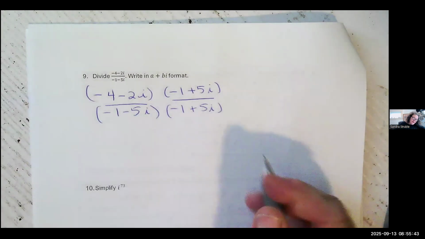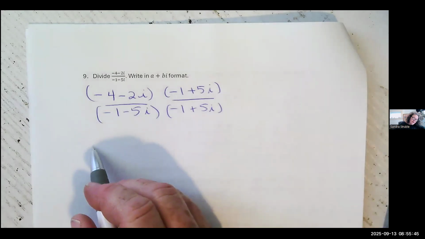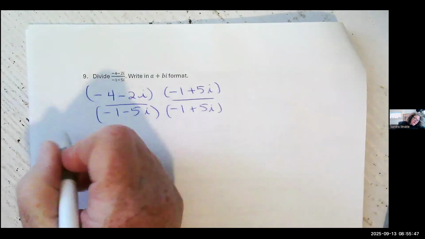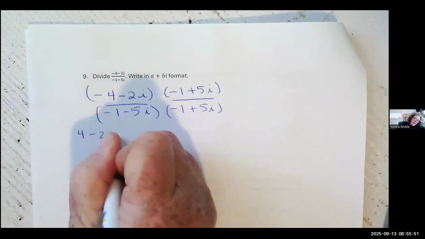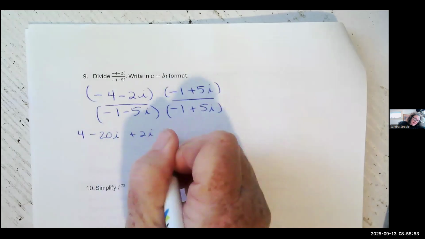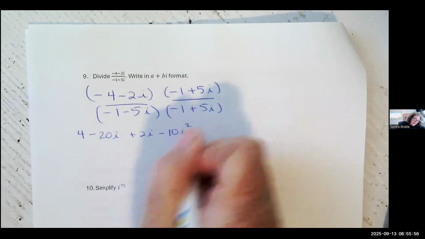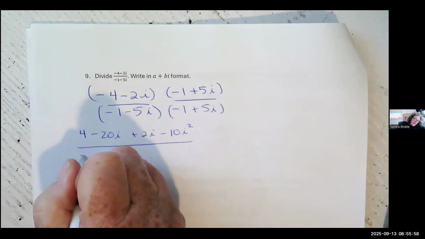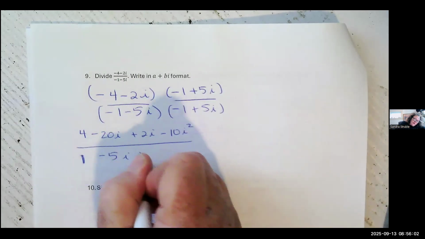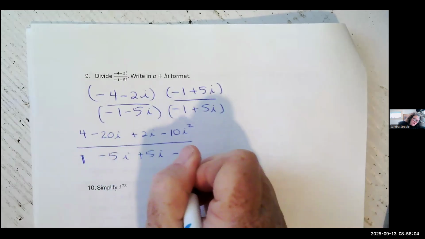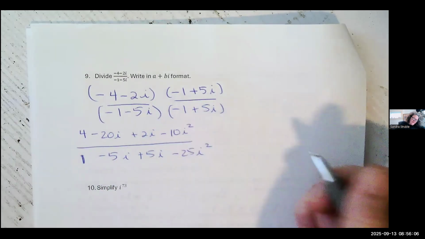All right, so we just need to distribute. -4 times -1 is 4. Outer, -20i, inner, plus 2i, last, -10i squared, over first, +1, outer, -5i, inner, plus 5i, last, minus 25i squared.